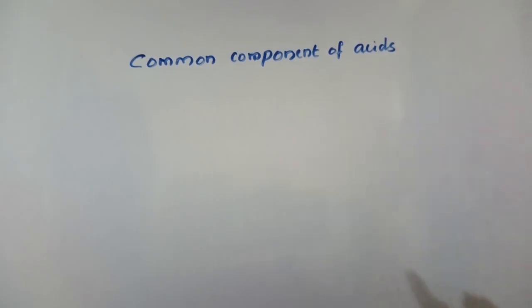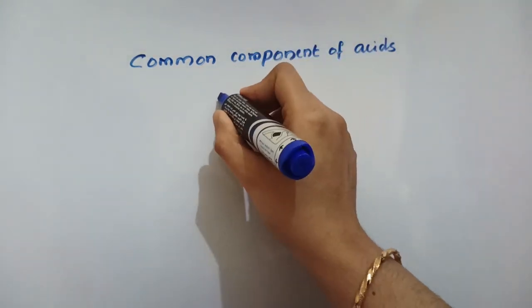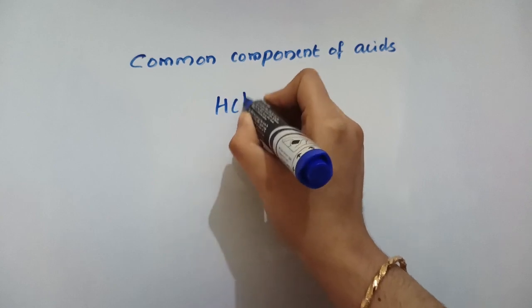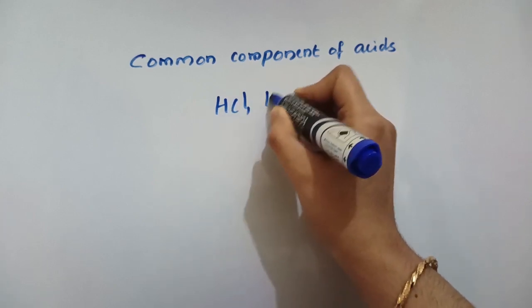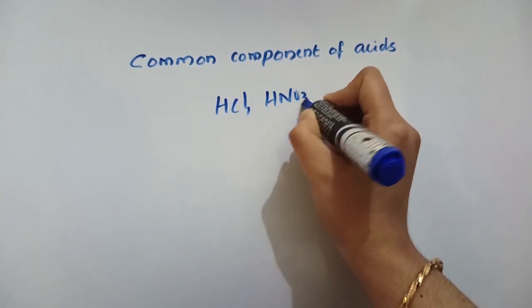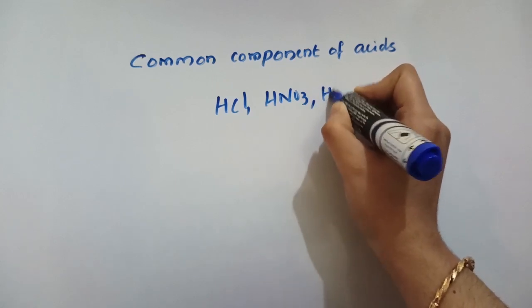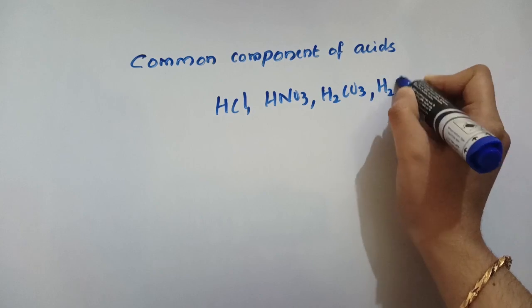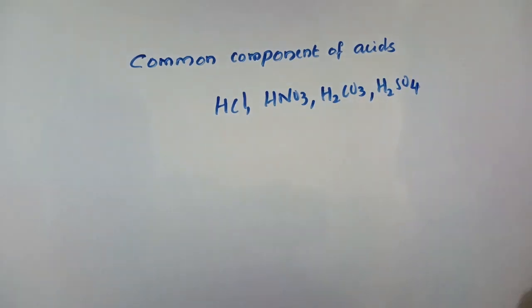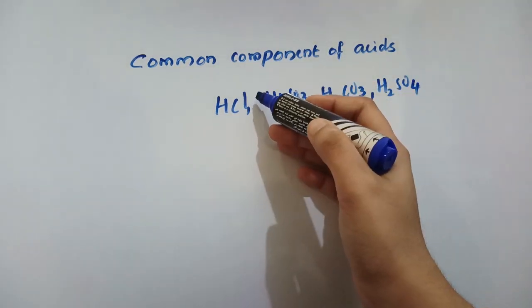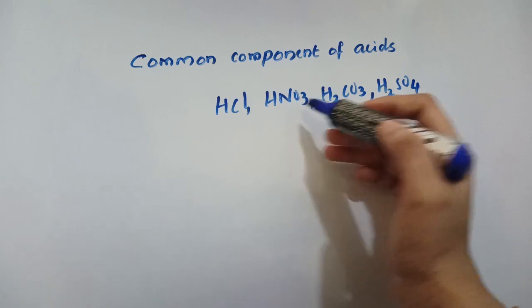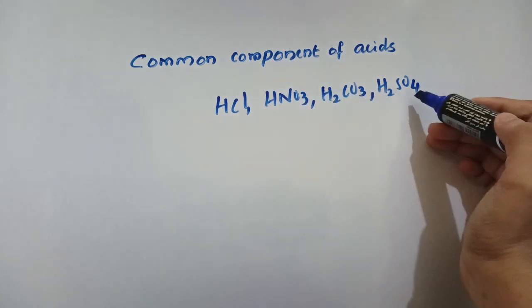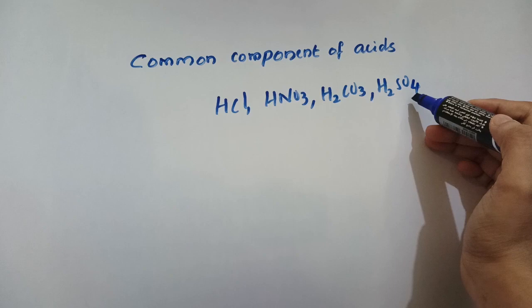Okay, next we can look at the common component of acids. I will write some examples of acids: HCl, HNO3, H2CO3 and H2SO4. This is hydrochloric acid, this is nitric acid, this is carbonic acid and this is sulfuric acid.